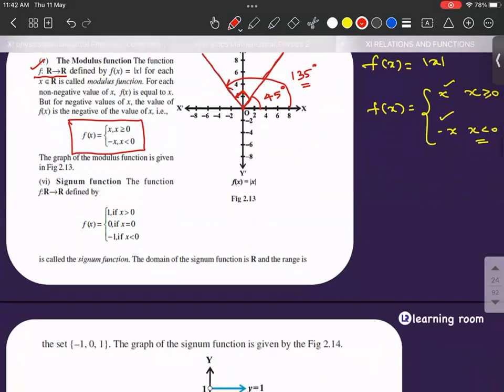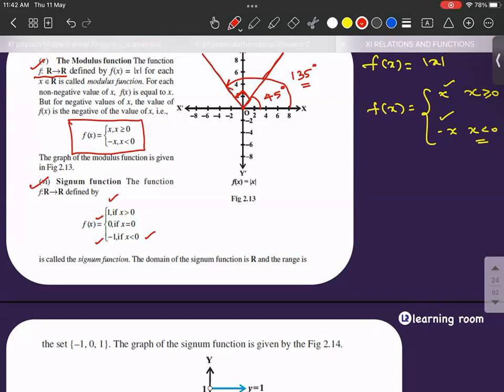So that is all about the modulus function. The next type of function that comes into the picture is the signum function. If you define a function f from R to R, and you write f of x is equal to 1 when x is positive, f of x is equal to 0 when x is 0, and f of x is equal to -1 when x is less than 0, then this kind of function is called a signum function.